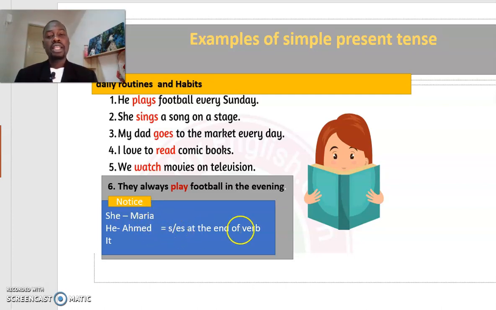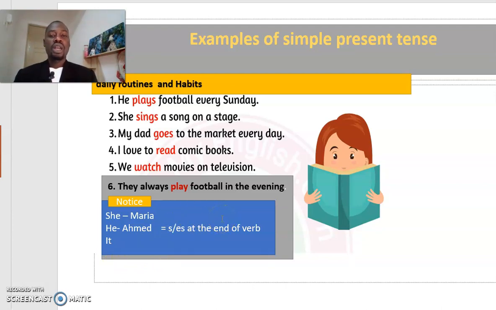So if you realize here, when we use these subjects, we should use verbs that take s or es at the end. So please remember that these subjects go with verbs that take s or es.